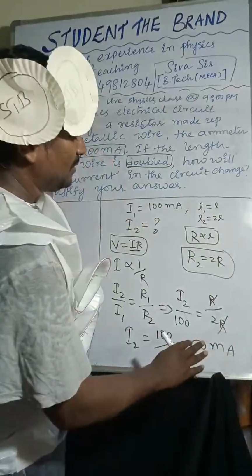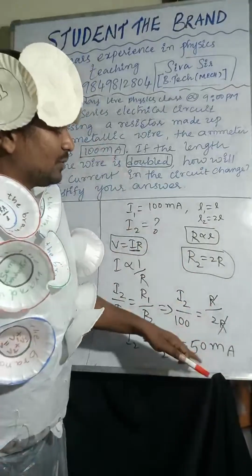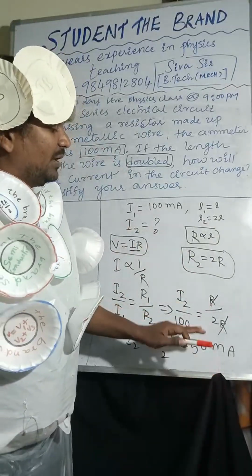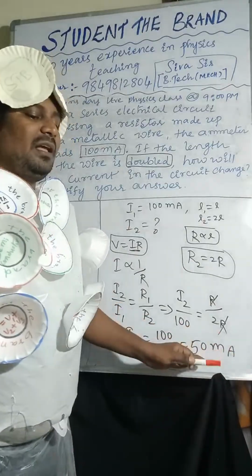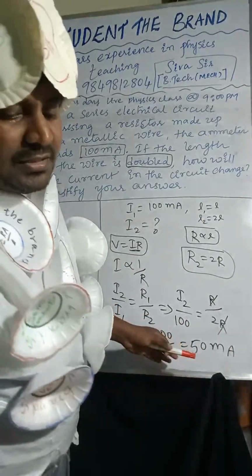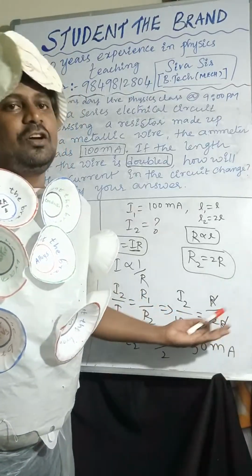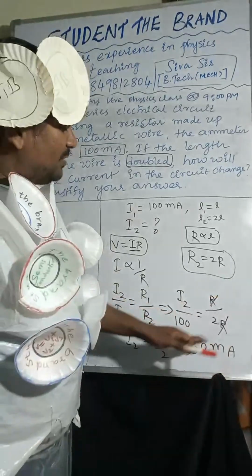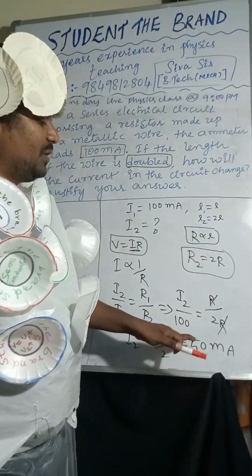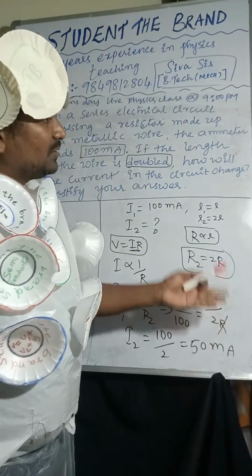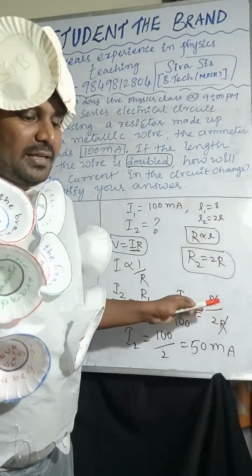Even if you change it, there won't be much difference. 50 into 10 power minus 3 ampere, so 0.5 ampere we will get. 50 by 1000, the zero gets cancelled, so it will be 0.5.